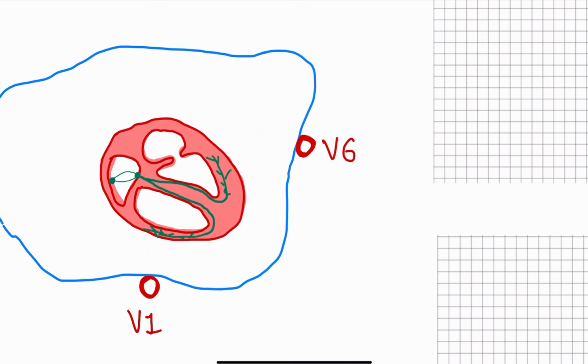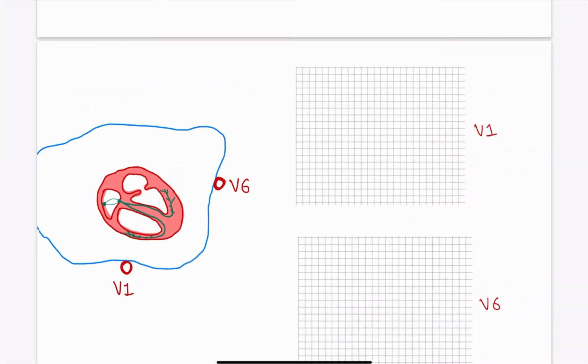As the electrical signals move through the bundle branch, they depolarize the septum. The wave of depolarization moves from the septum towards the right ventricle because of the larger muscle mass of the ventricular septum. So the electrical waves are moving towards lead V1 and away from lead V6, which means you'll get a positive deflection in V1 and negative deflection in V6.